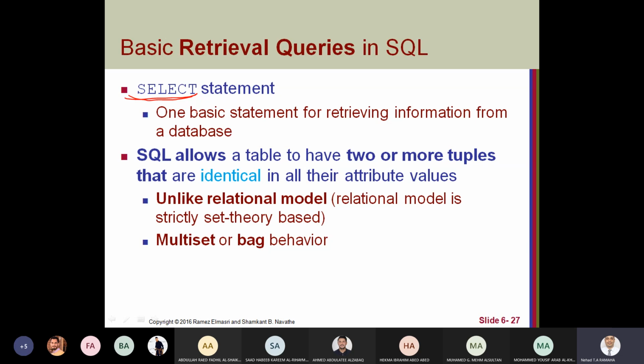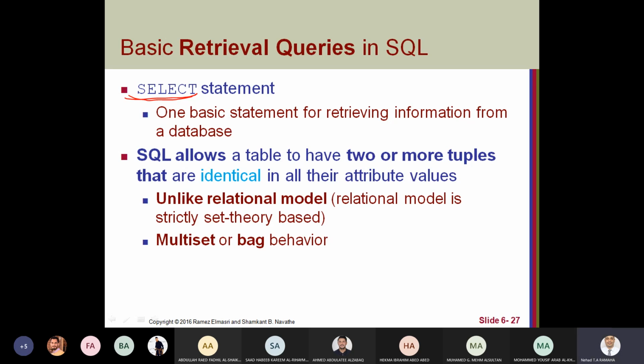When we spoke about relational algebra, we said that relational algebra operations and even relational calculus use set operations and set theory. That's why the result does not allow identical values, two rows with the same value. Yes, that was just with relational algebra.